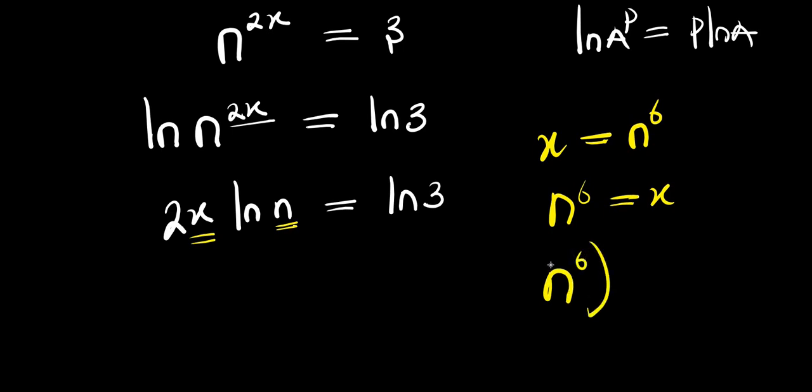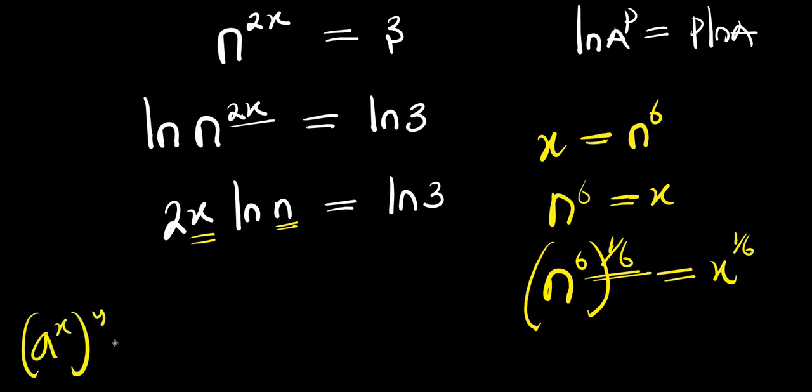Have n power 6 raised to the power of 1 over 6 equals x power 1 over 6. If you multiply this exponent based on this identity, a power x power y equals a power xy. So this 6 eliminates this 6, that means n equals x power 1 over 6.